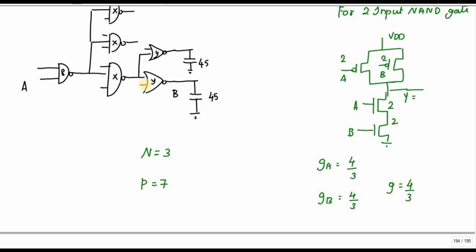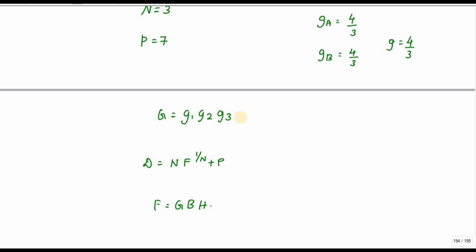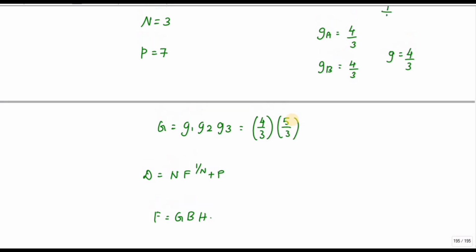Similarly, for a 3-input NAND gate, this becomes 3 and this becomes 2, so we will get G equal to 5 by 3. So G1 is 4 by 3 for the 2-input NAND gate, and this one is 5 by 3.